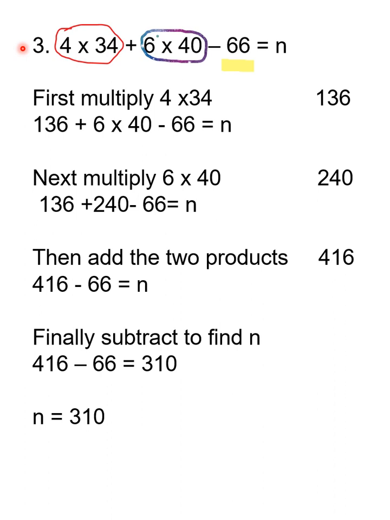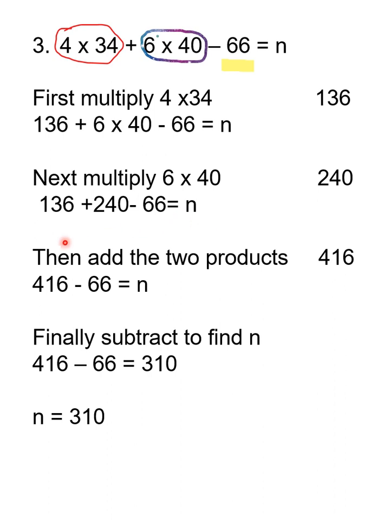All right, let's look at number 3. 4 times 34 plus 6 times 40 minus 66 equals n. First, multiply 4 times 34. That's 136. So we would write 136 plus 6 times 40 minus 66 equals n. Next, multiply 6 times 40. That's 240. 136 plus 240 minus 66 equals n.